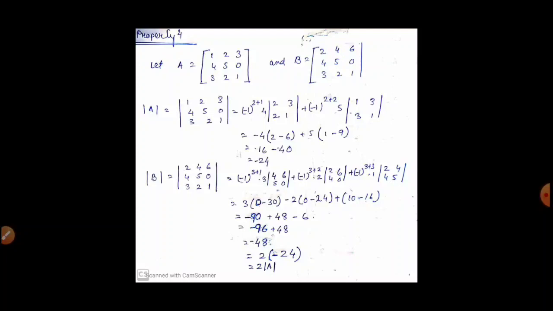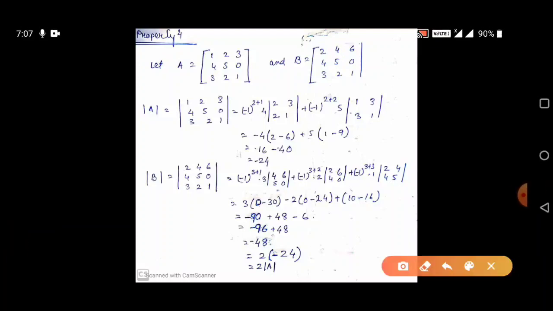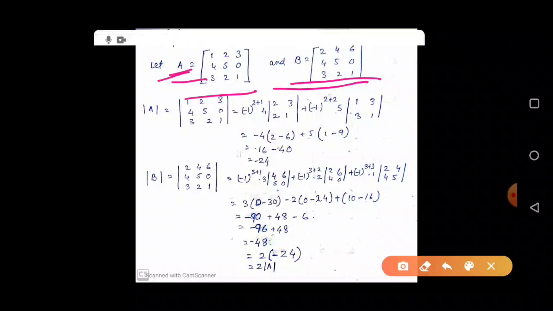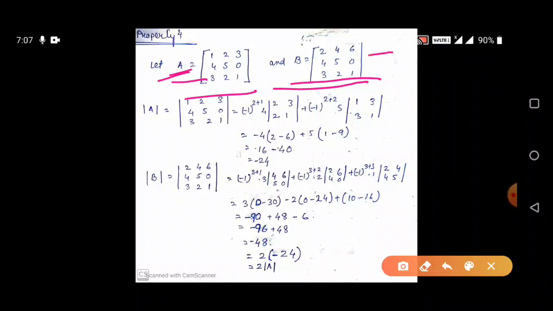So here I have taken matrix A and matrix B. Both are 3 by 3 matrices and both are square matrices, because since we are finding determinants here, we have to take square matrices. Now look at A, this is the matrix. In B, what we have done is changed the first row: the elements of the first row of A are multiplied by 2.